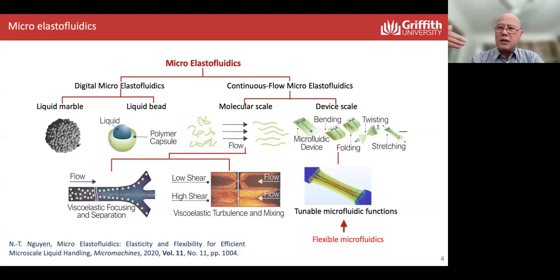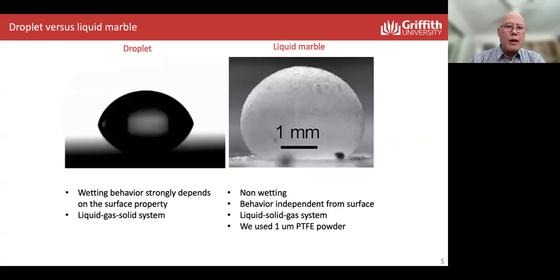Now, giving the devices flexibility or tunability of dimensions or other functionalities, you just need to make one design and tune it with stretching or compressing, for example. So I will give some examples here from our recent works to show you how it works. All right, so let's go through these platforms and their applications.